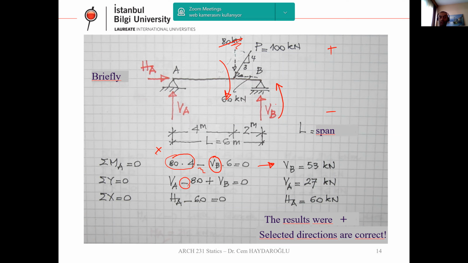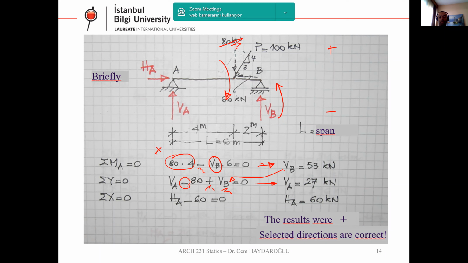And then VB is in the positive direction, so it's plus. We know what VB is from before. If we put it in the equation, we are going to get VA, which is 27 kilonewton.